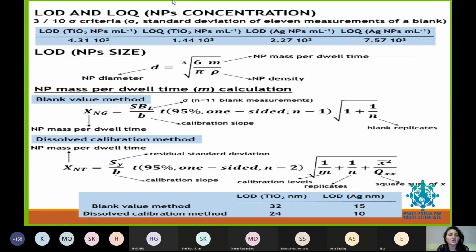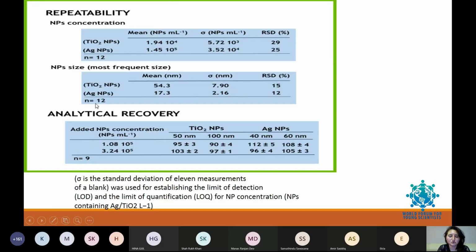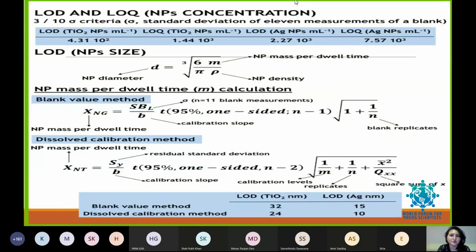So after that we used LOD and LOQ for the calculation. We calculated LOD and LOQ. And from the slide, you can see these calculations.